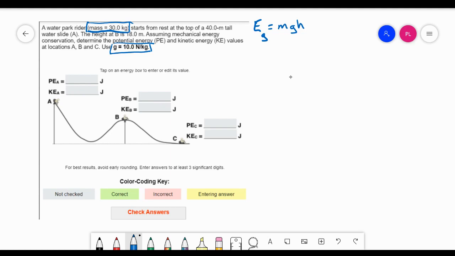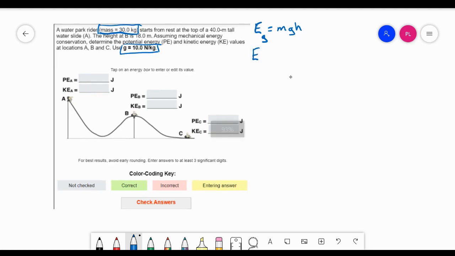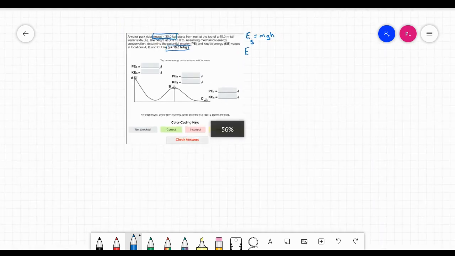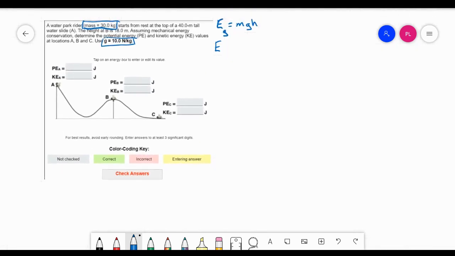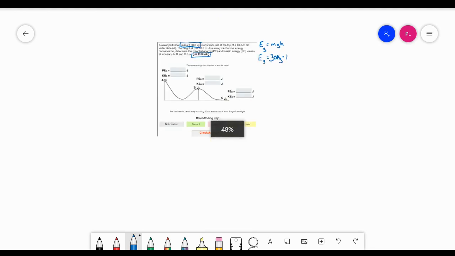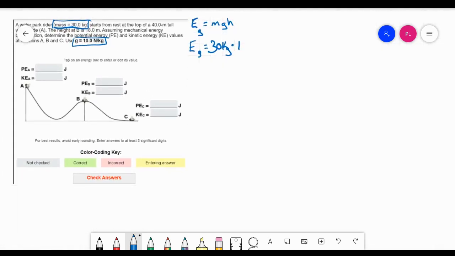So if I'm going to find the gravitational energy at position A, I just do the mass, 30 kilograms, times G, which for this one we said we would use 10, 10 newtons per kilogram, times H, which is 40 meters.